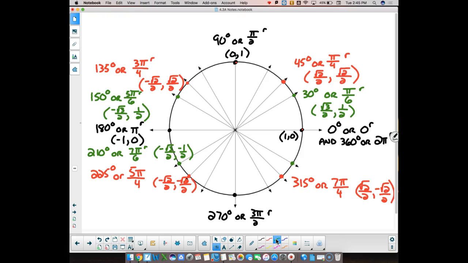Going once. Going twice. Lisa, what do you got? 330 degrees, I like that. Did you get a radian measure? 11 pi over 6. Love it. And a coordinate.